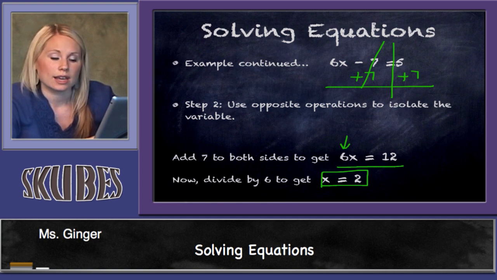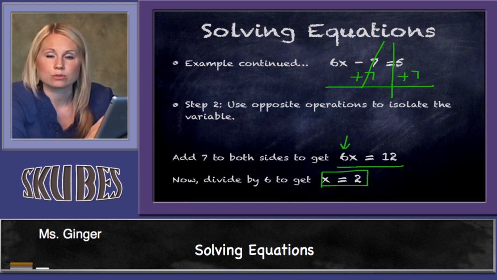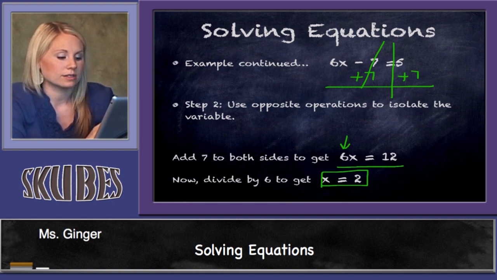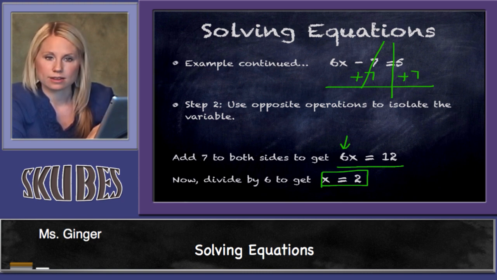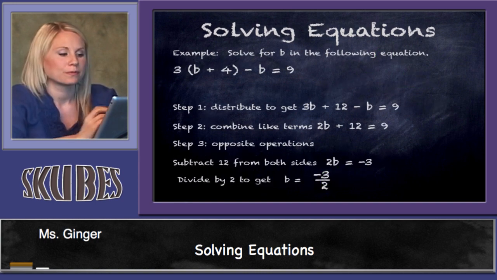So we're going to look and see that our variable is by itself, and it is. And for the value on the other side, we're going to see if anything needs to be reduced or simplified, and there's nothing I can do to 2. That's perfectly fine. So x equals 2 is my answer.